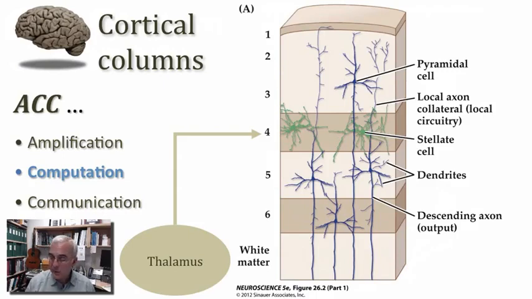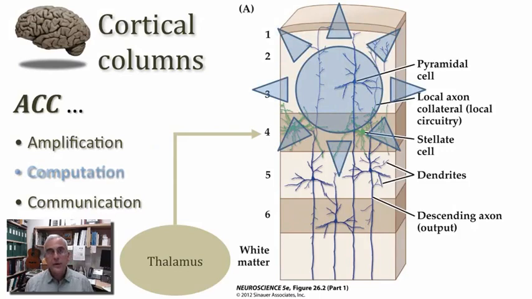So I'll remind you that one important function of this cortical circuitry is to compute new functional properties. So not just to amplify the pre-existing properties that are inherited from the thalamus, but to actually construct circuitry in the cortex that can perform this important function of computation.